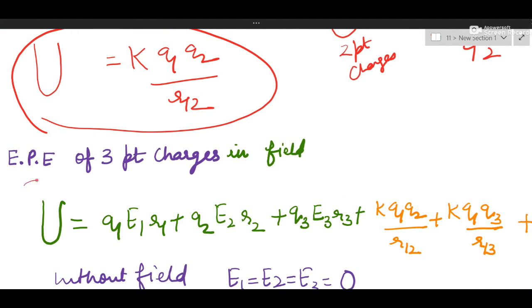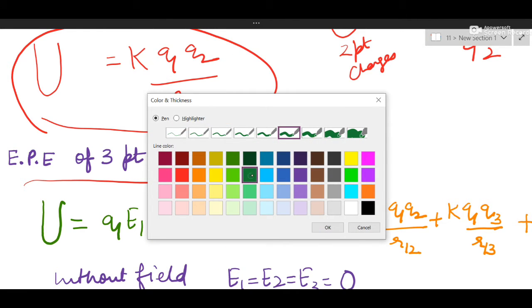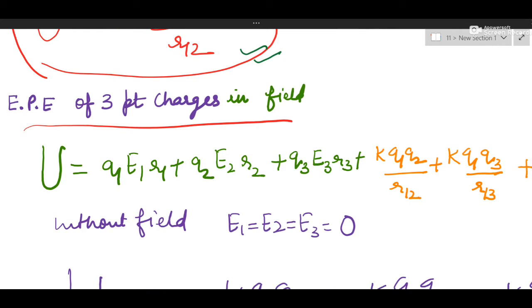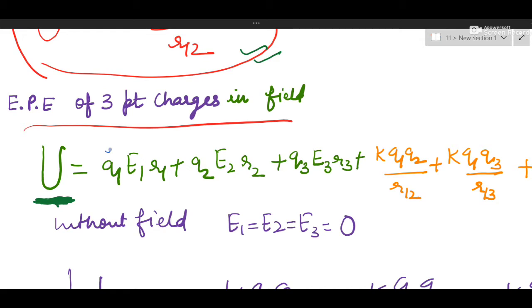Okay, now coming to electrostatic potential energy of 3-point charges. So we will not produce the derivation once again. If it comes in exam, then also you can produce up to here, and then you can say by general. Similarly, we can find out third work done. This is electrostatic potential energy of 3-point charges. First of all, you write the potential energy of each charge with interaction due to field.